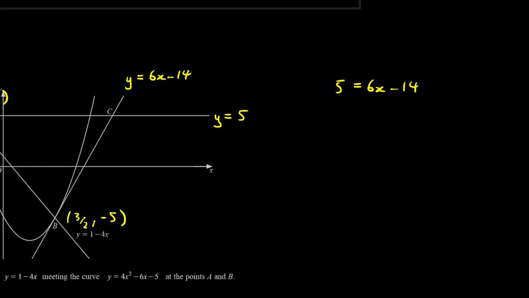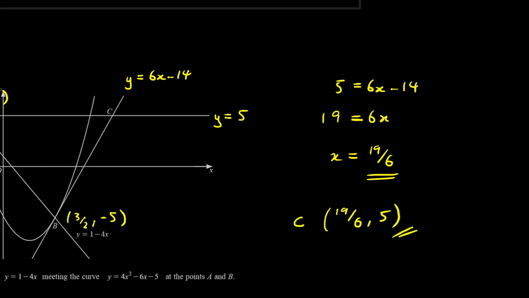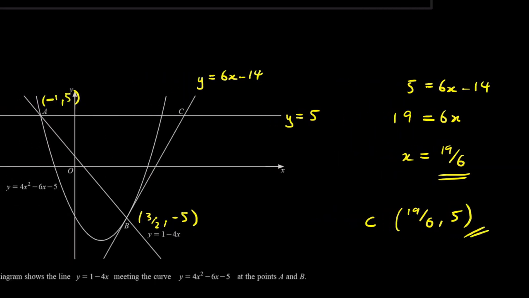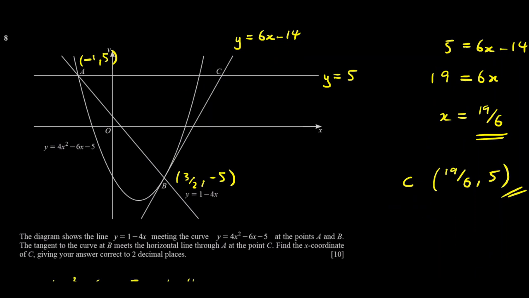So if we rearrange that, we're going to get 19 is equal to 6x. So x is equal to 19 upon 6. And of course, the y coordinate is 5. So the coordinate of the point C should be 19 upon 6, comma 5. Okay? And we are asked to give our answer correct to 2 decimal places for the x coordinate.